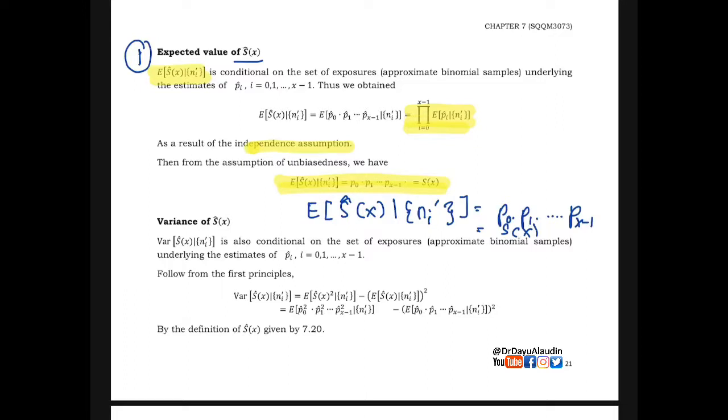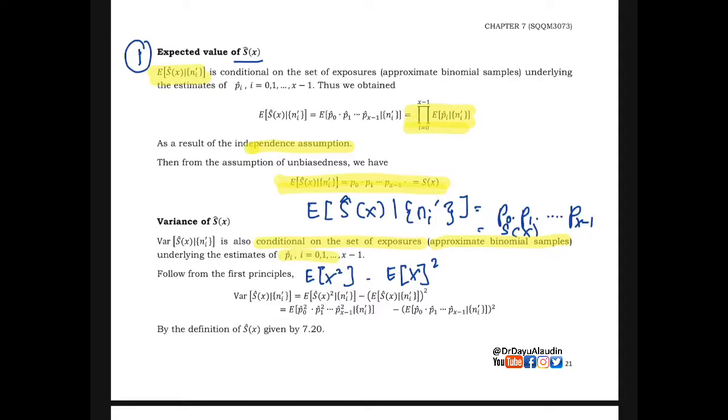And the variance is also conditional on the set of exposure. So approximate binomial samples underlying the estimate of the Pi. So how to find the variance? The second moment minus the first moment squared.